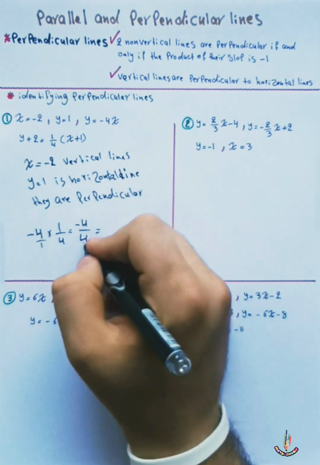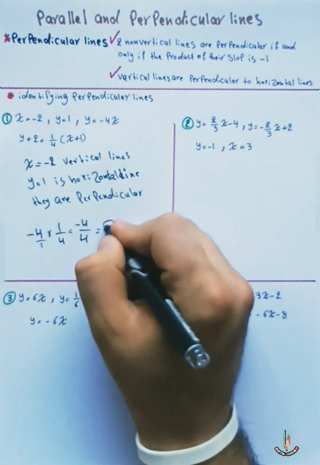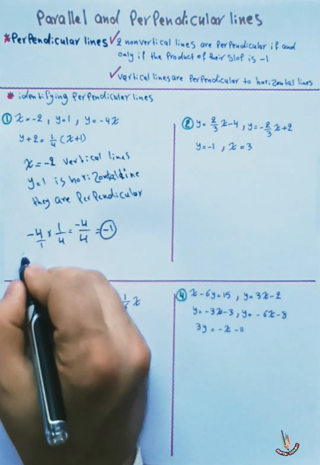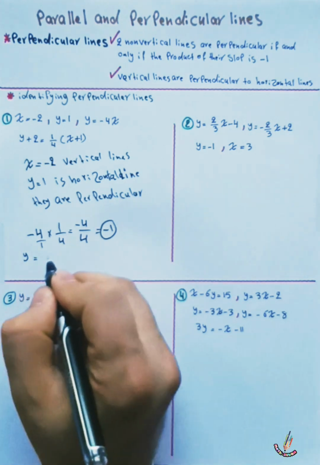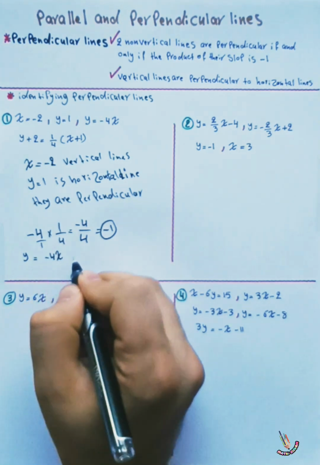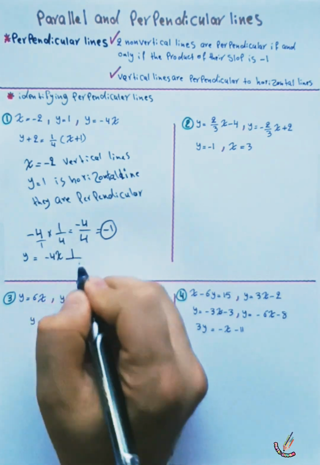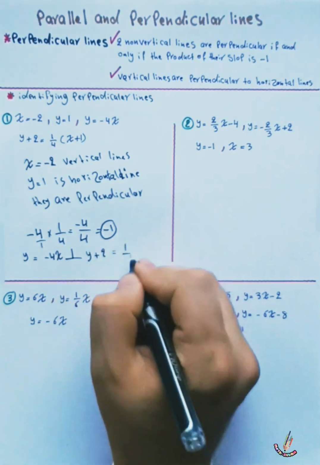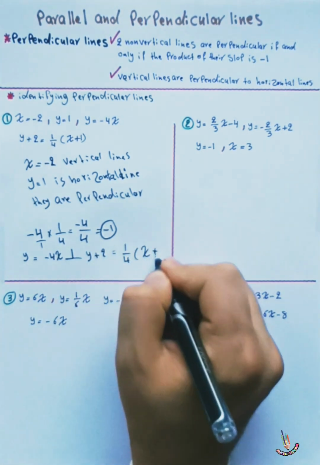After that, negative 4 divided by 4 is negative 1. So the product of their slopes is negative 1. So we can say y equal to negative 4x is perpendicular to y plus 2 equal to 1 out of 4 x plus 1.